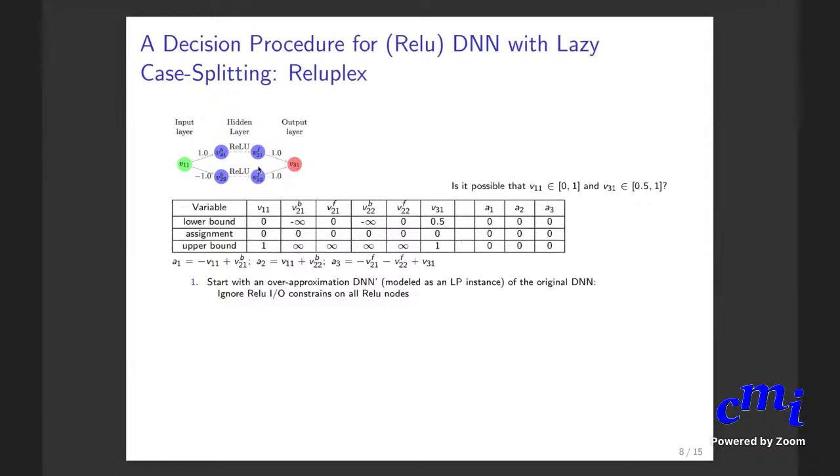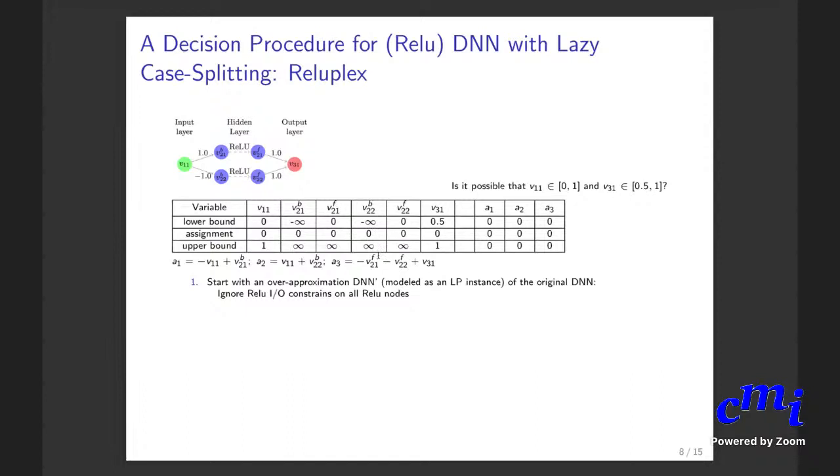Now here, you see, I'm not imposing any constraint on V22F and V22B or V21F and V21B, because I'm saying both of them are free to be any value between minus infinity and plus infinity.